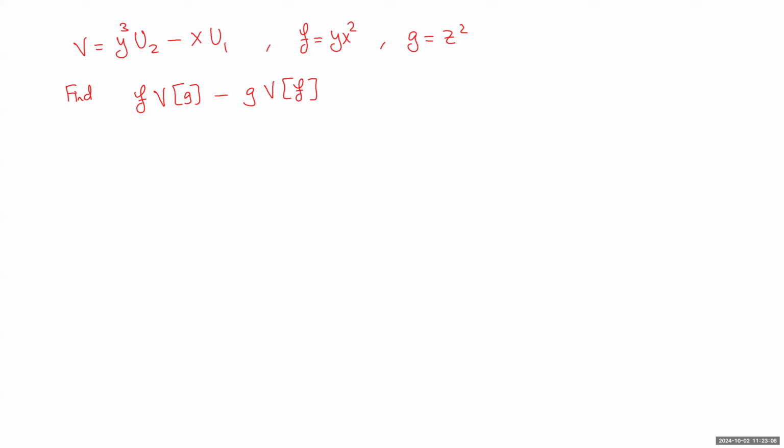So yeah, you just plug in the function. So here we have y x squared times V of g, where g is z squared, minus g, which is z squared, times V of y x squared.